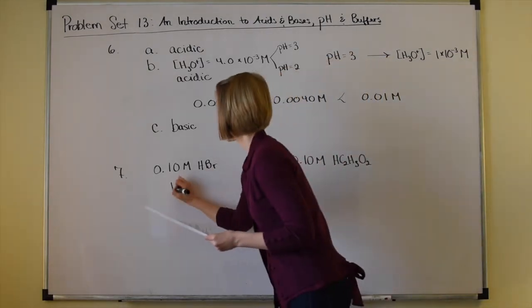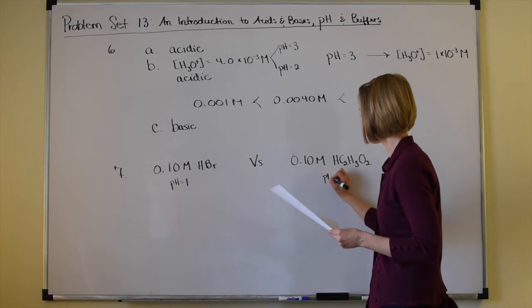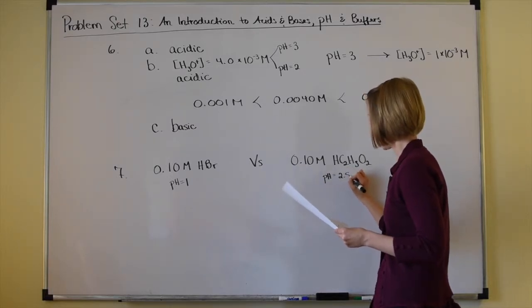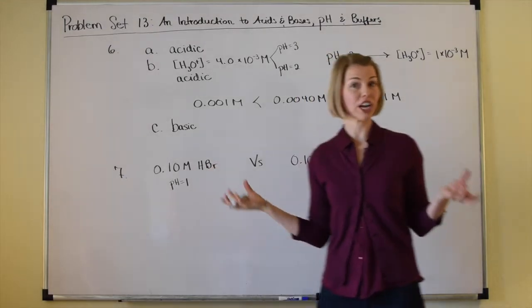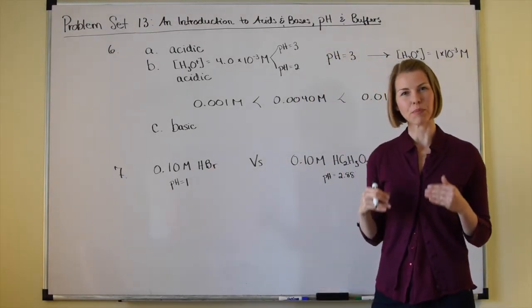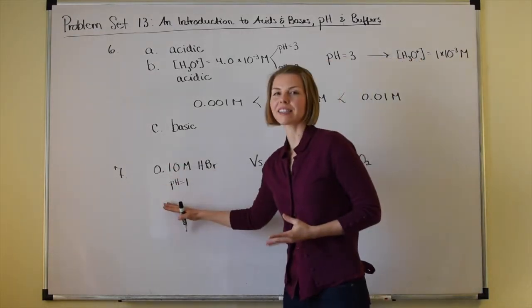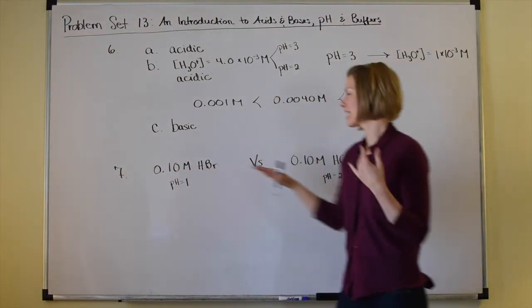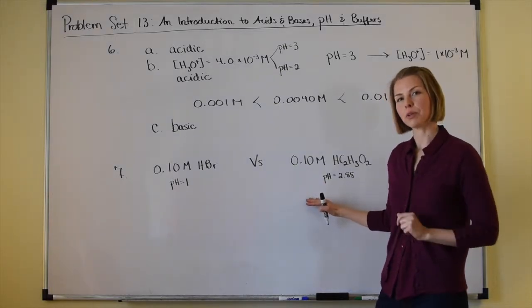So this one has a pH of 1, and this one has a pH of 2.88. Why the discrepancy? They have the same molar concentration, so why don't they have the same pH? Well, the simple answer is the hydrobromic acid is a strong acid and acetic acid is a weak acid. But let's dive in a little bit deeper than that.